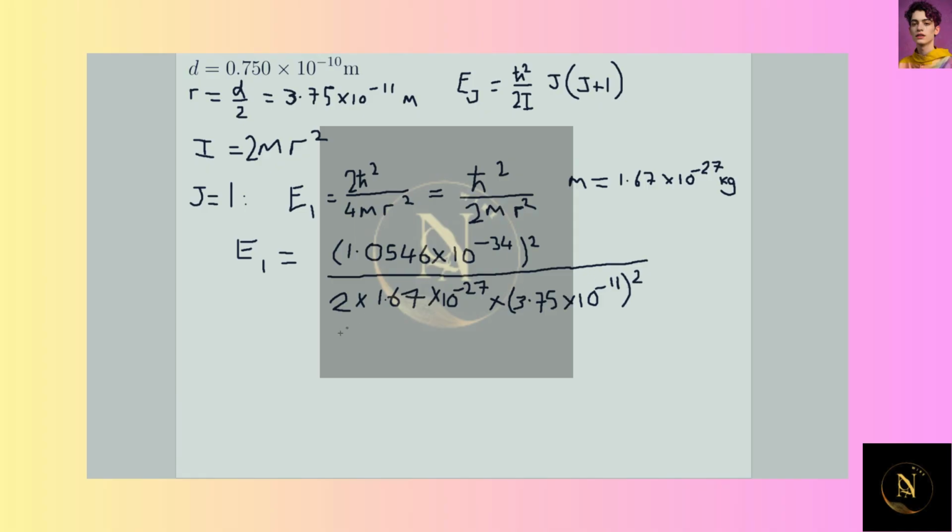There we go. And that comes out as 2.368 times 10 to the minus 21 joules.